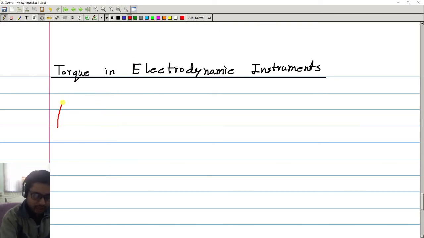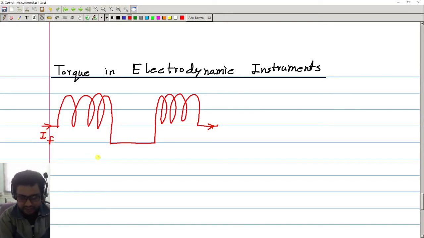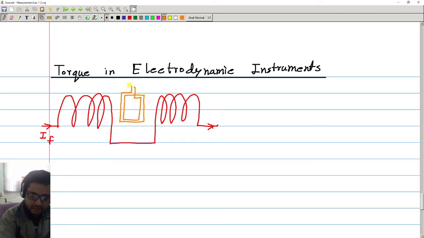We have a set of electromagnet which carries current If, fixed, and there is a moving coil which carries a current Im. Okay, let me look at it from the top.